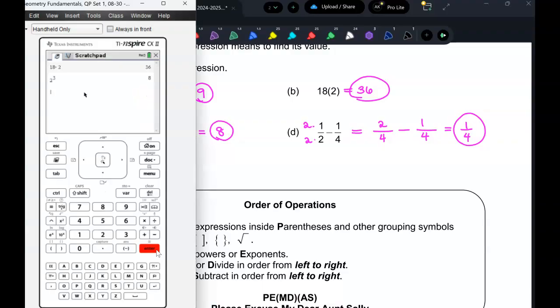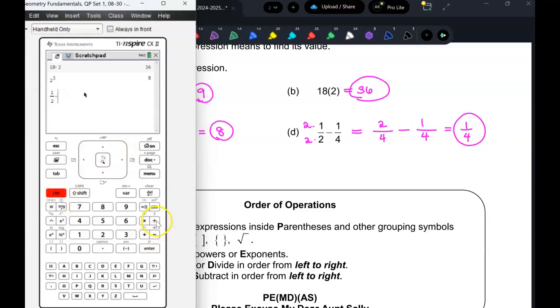Do you remember how we made a fraction on the calculator? Oh, yeah. You do the control and you do the divide. Control divide makes us a fraction. Then we use the arrows to do the top and the bottom.